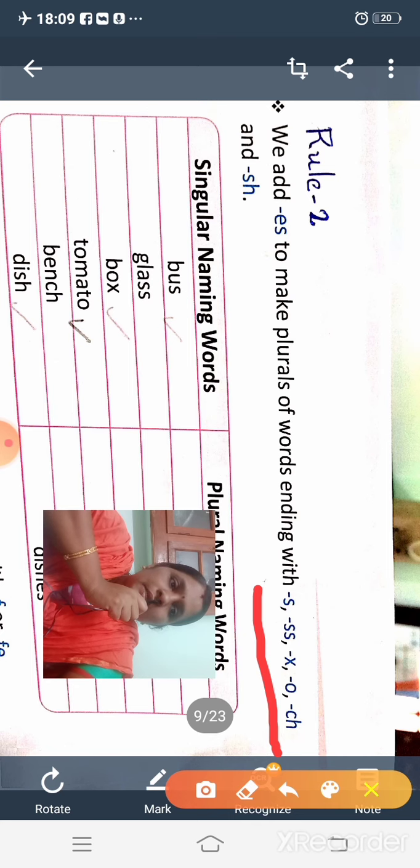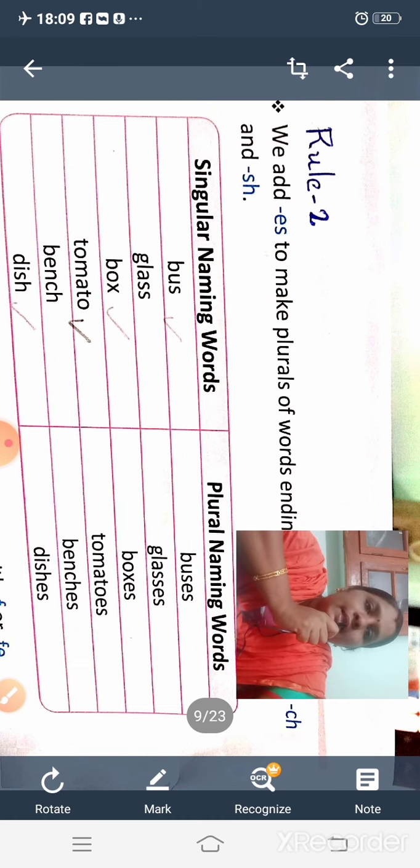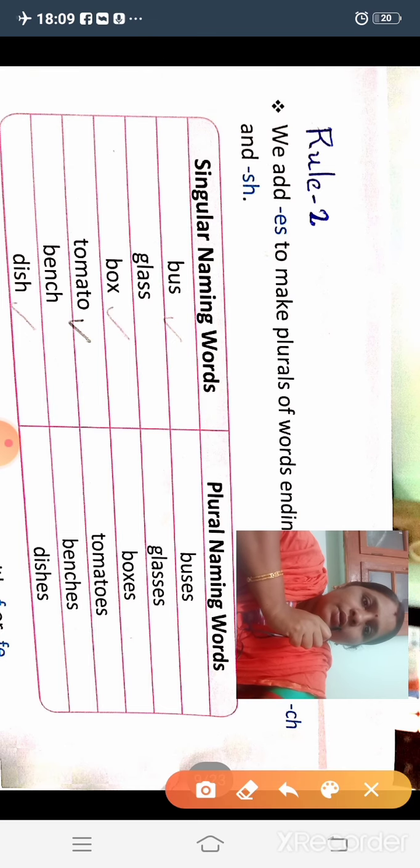So for all words that end with these letters, we have to add es at the end to change them into plural form. For example, look at the first word here, bus, B-U-S.